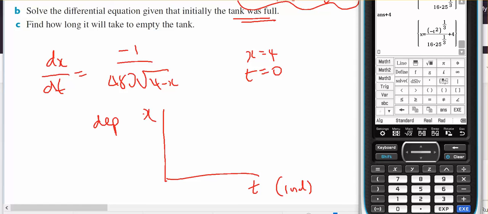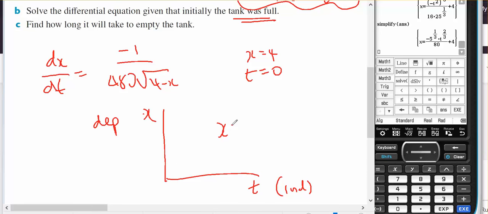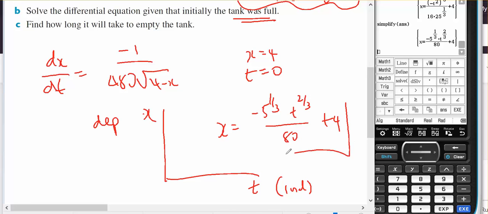And if I go simplify answer, there we go. I get x equals -5 to 1/3, t to 2/3, all over 80 plus 4.